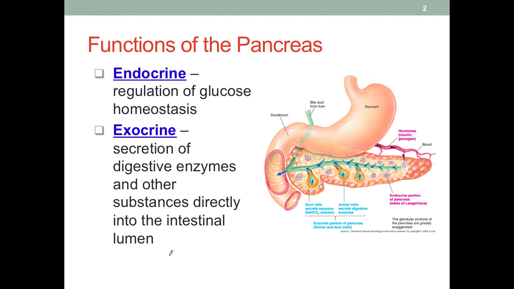These compounds flow as part of the pancreatic juice through this pancreatic duct here, eventually going through the sphincter of Oddi into the lumen of the small intestine. Specifically, it's in the duodenum, which is the first section of the small intestine. This is where the pancreatic juice gets released.